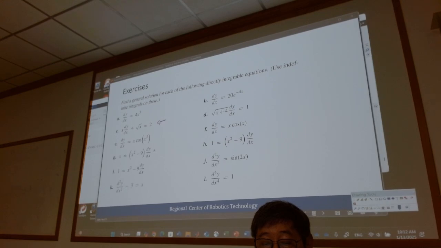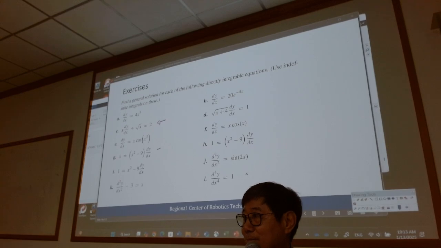This one also linear. All of these are linear. All of them are linear equations. Okay.